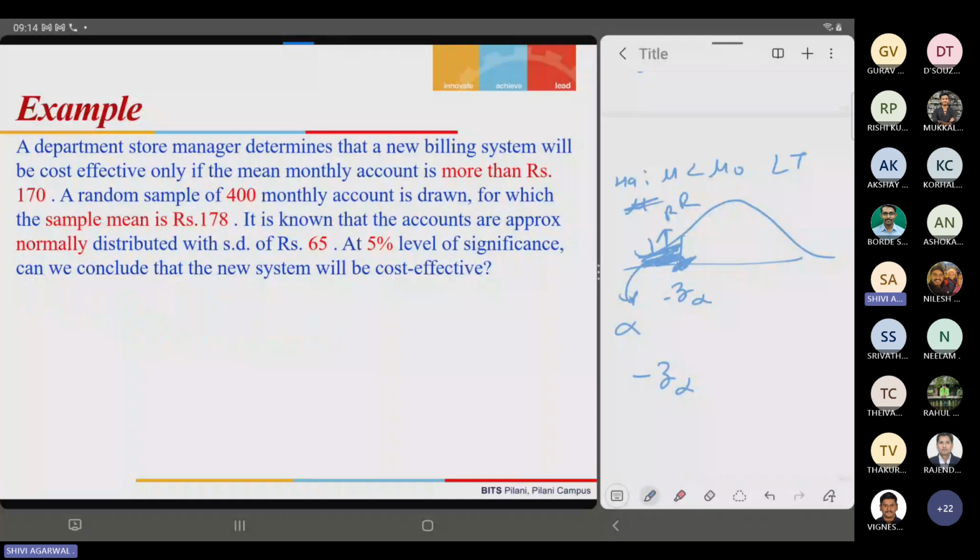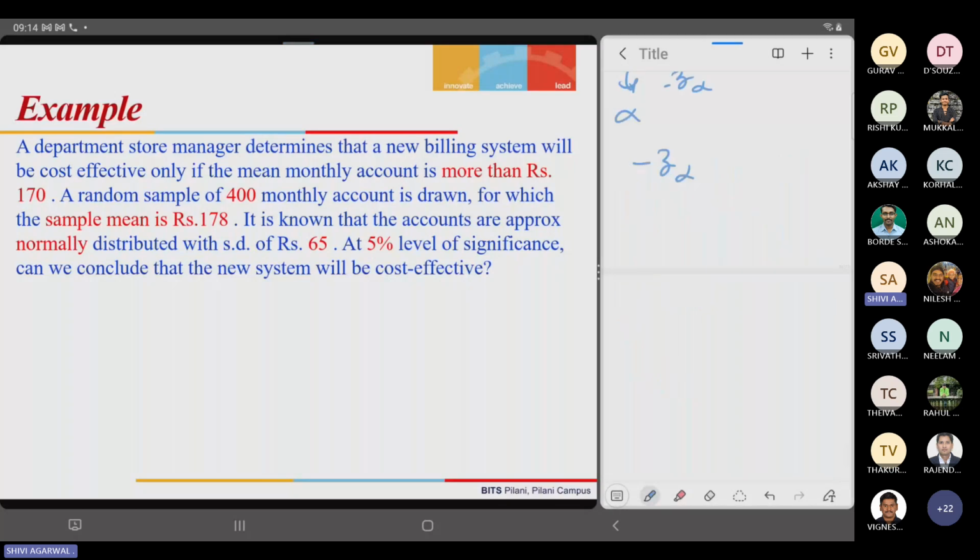In the last class, we did some part of this question. Do you remember? The mean monthly account is more than 170. They are claiming that because of the new billing system, the mean is increasing, that it is coming more than 170.